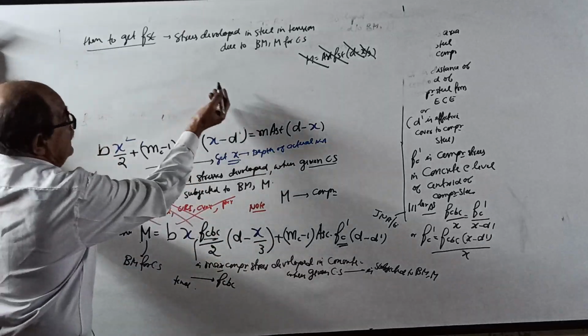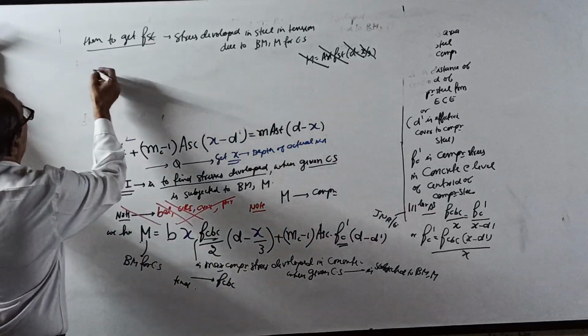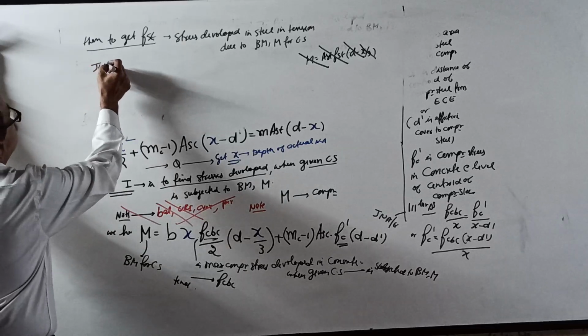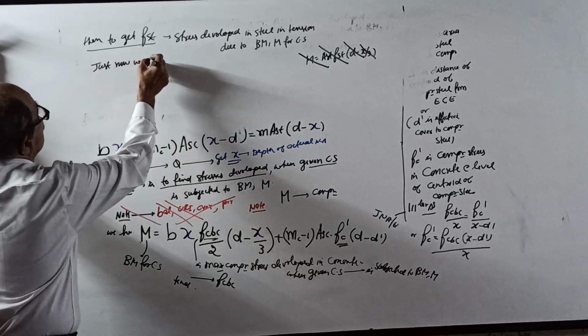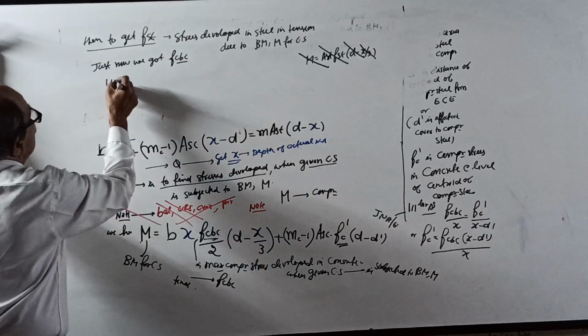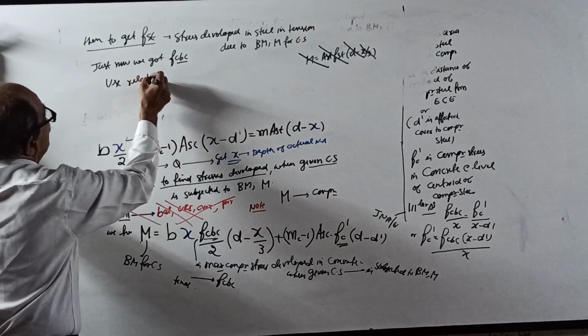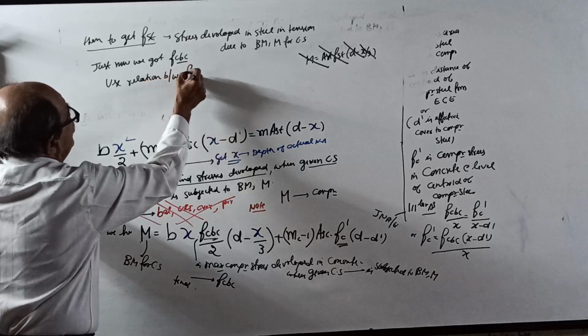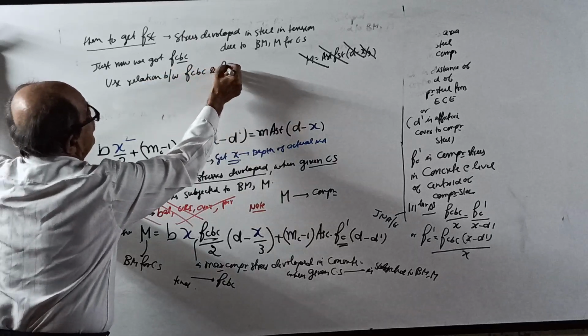Therefore, easily to get FST, just now we got FCBC. Use the relation between FCBC and FST.